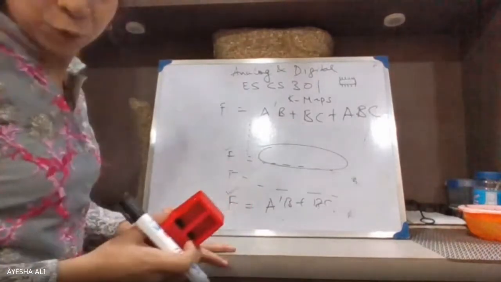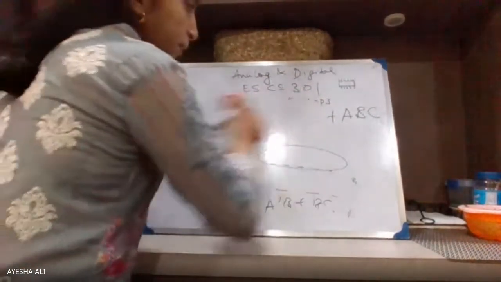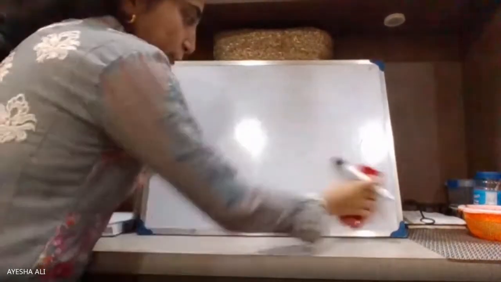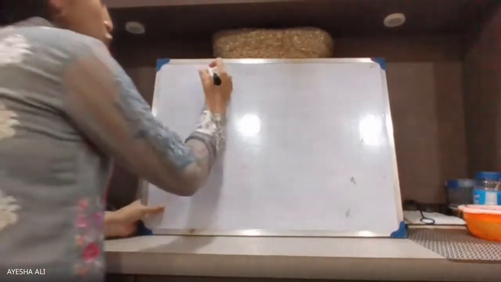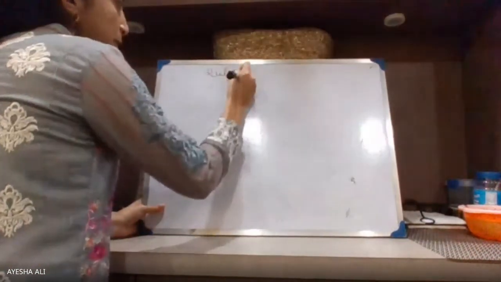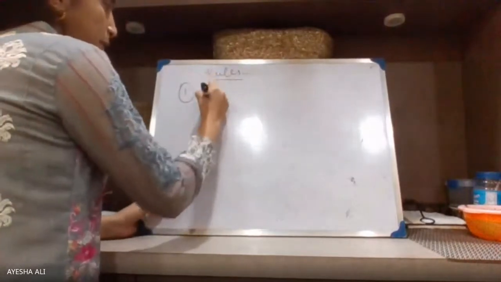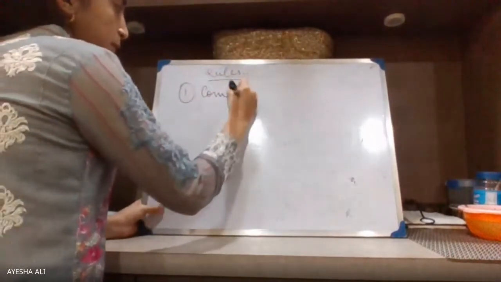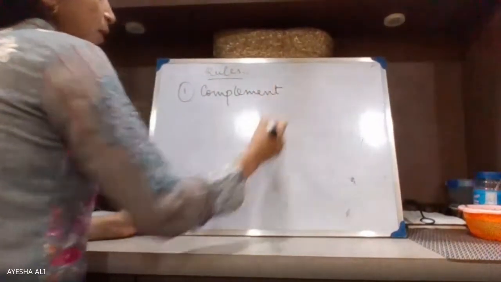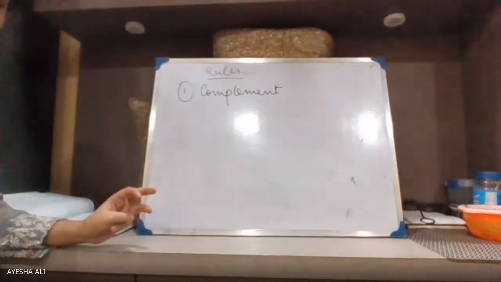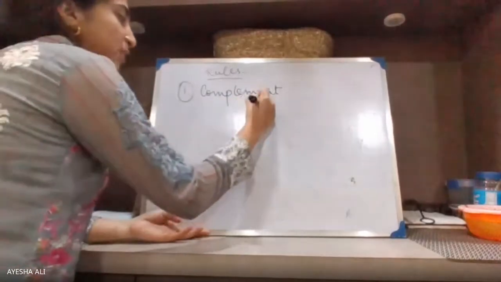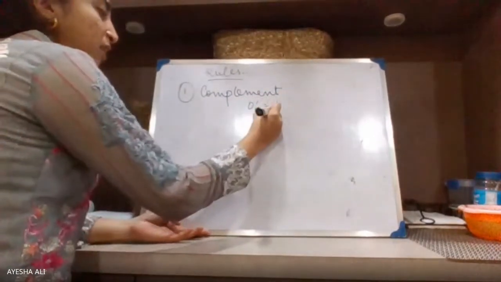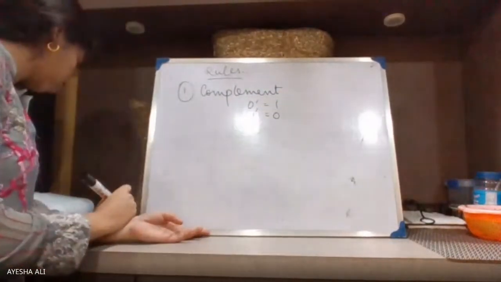Now let's come to the different laws in Boolean algebra. The first law, the first rule, is the complement, which is very simple because we know that 0 complement gives 1 and 1 complement gives 0.